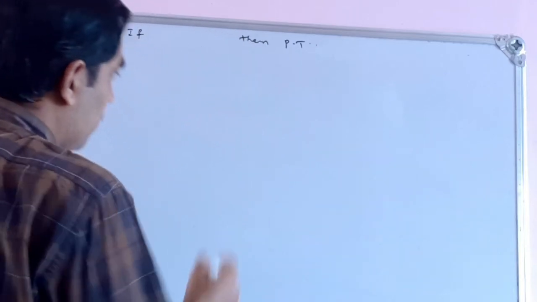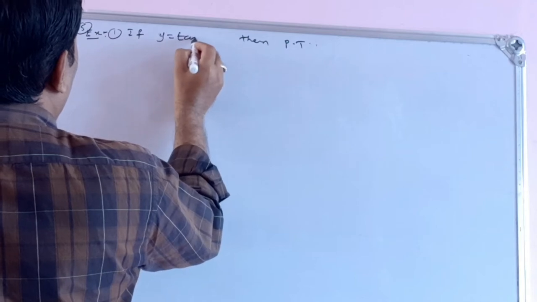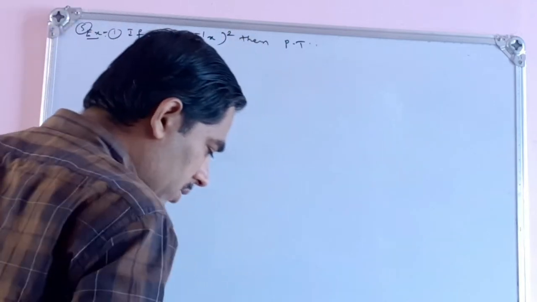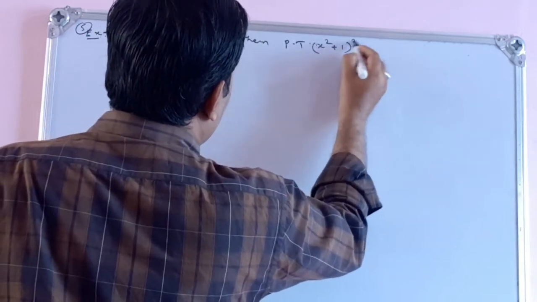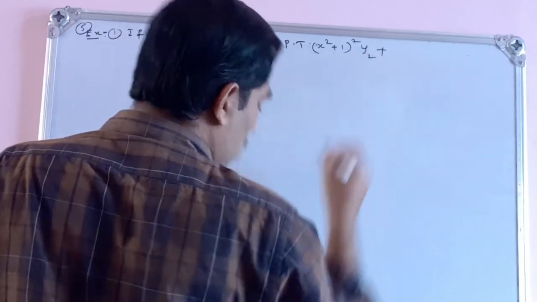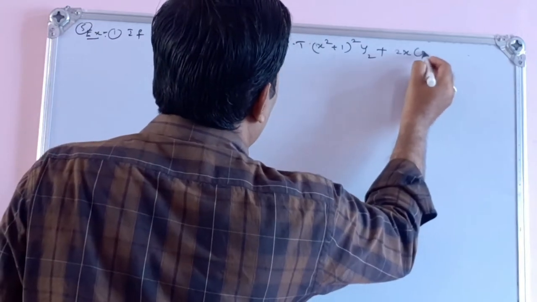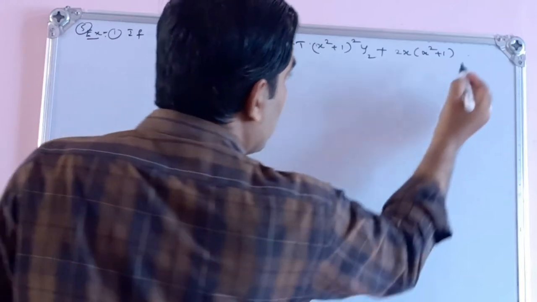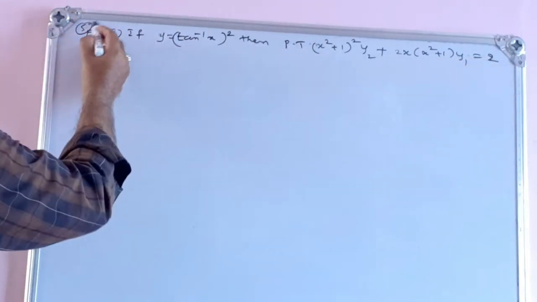See, if y equals tan inverse x whole square, then prove that x square plus 1 whole square y2 plus 2x into x square plus 1 into y1 is equal to 2. So this is also for 5 marks.